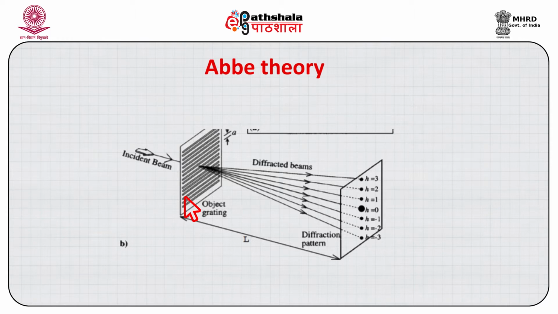So, we have an image which is reciprocal as well as normal to the original object. If a is smaller than lambda, the wavelength of the investigating beam, sin phi will become greater than 1, which is not possible, and thus for diffraction to occur, this condition is not possible.